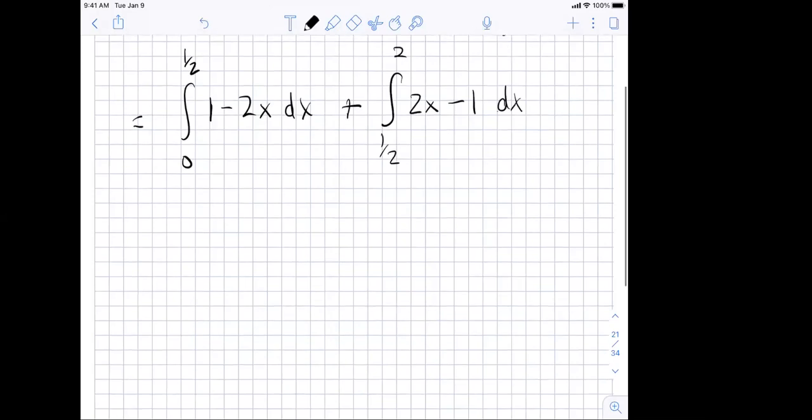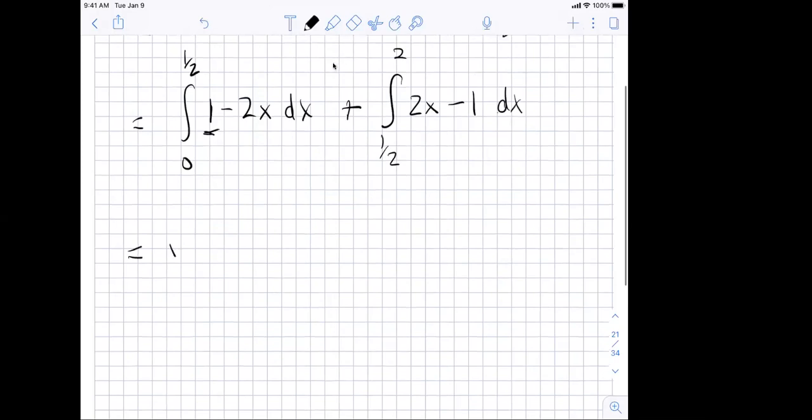Okay, so first of all, what's the integral of 1 minus 2x, or an antiderivative of 1 minus 2x? Well, what's an antiderivative of just 1? X. X, very good.